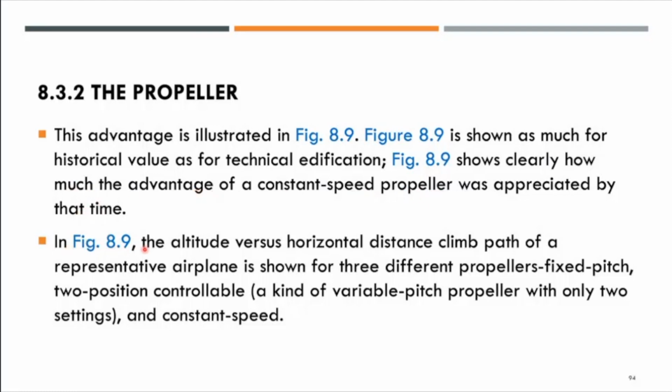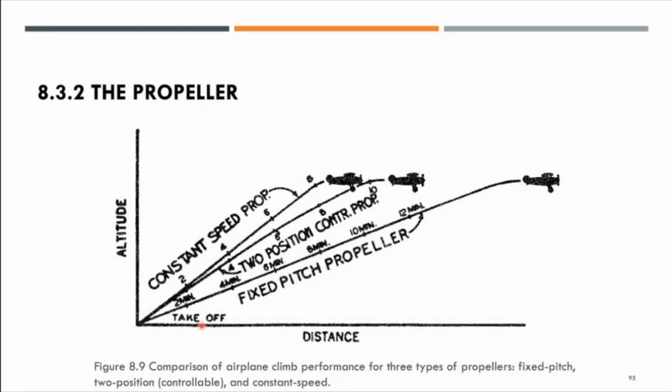In this particular figure, the altitude versus horizontal distance climb path of a representative airplane is shown for 3 different propellers: fixed pitch, 2-position controllable, a kind of variable pitch propeller with only 2 settings, as well as the constant speed. So you can see here an altitude versus distance comparison of airplane climb performance for 3 types of propeller.